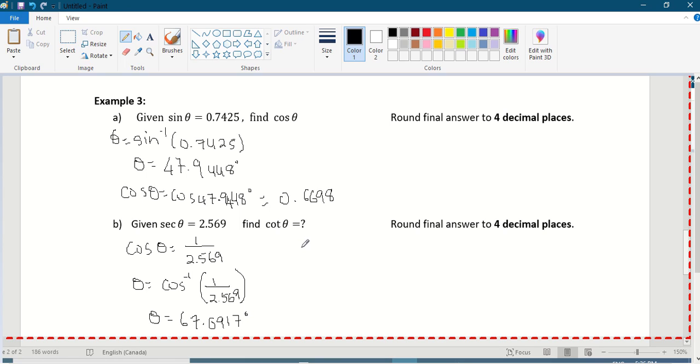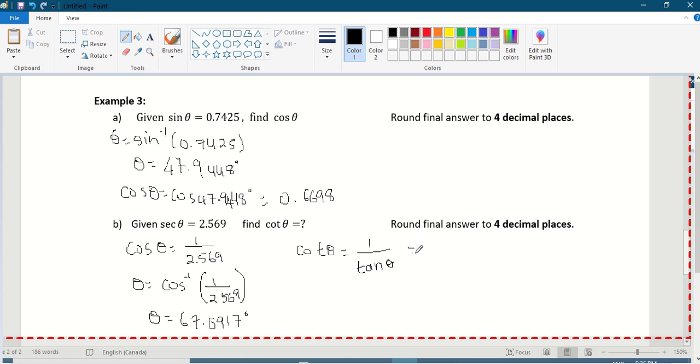Now what we are asked to find is cot theta. So we say cot theta equals cot of 67.0917 degrees. The problem with that is cot is not a key in your calculator. So first thing we'll say is cot theta is 1 over tan theta.